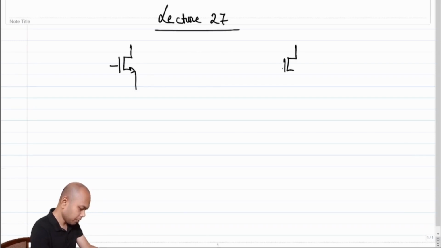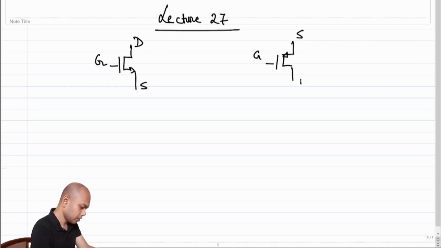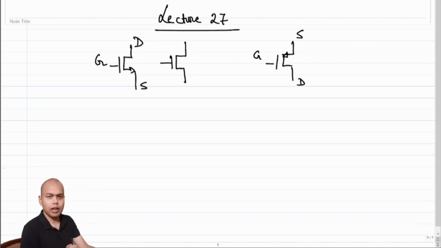So this is a PMOS transistor, this is an NMOS transistor, and this is a PMOS transistor. The arrow always indicates the source terminal. So this is drain, this is source, this is gate, this is source, this is gate, this is drain. Very often you will see that another symbol is used to refer to the PMOS and the NMOS, and that symbol is the following, without the arrow.